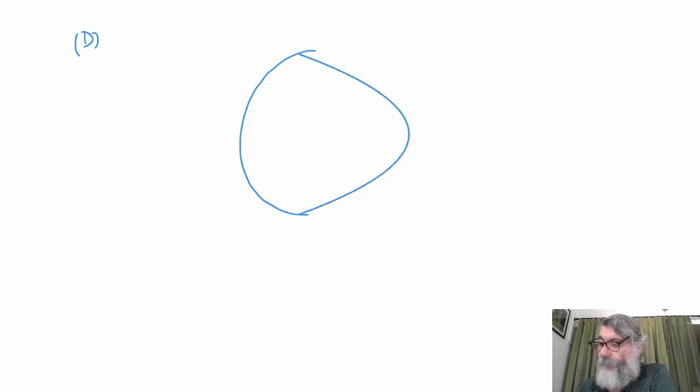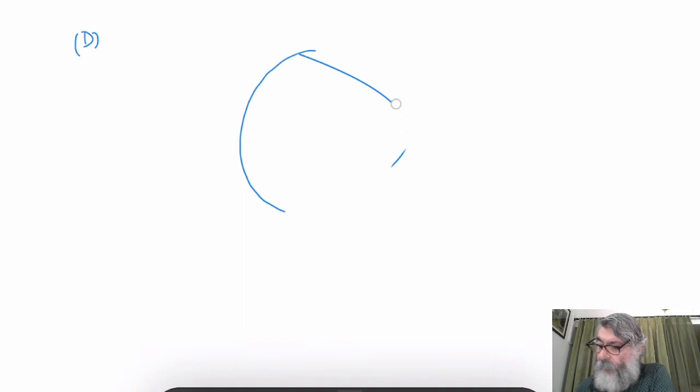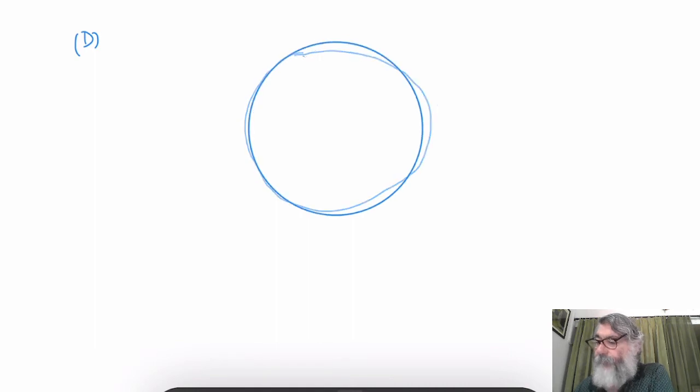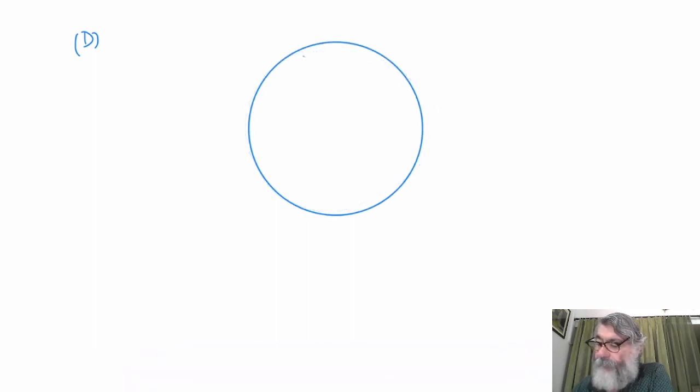Oh wow, what a figure I've got. O is the center of the circle, given like this.